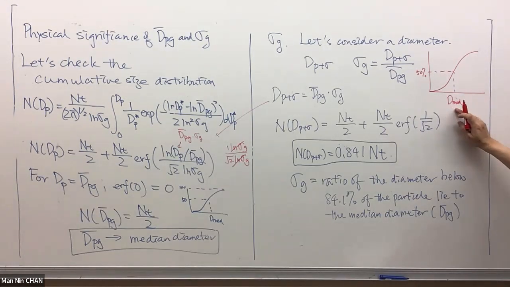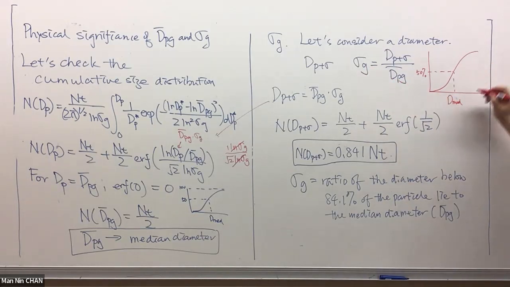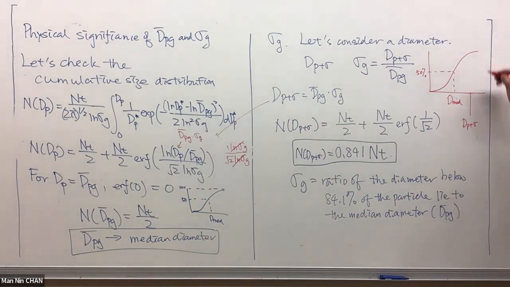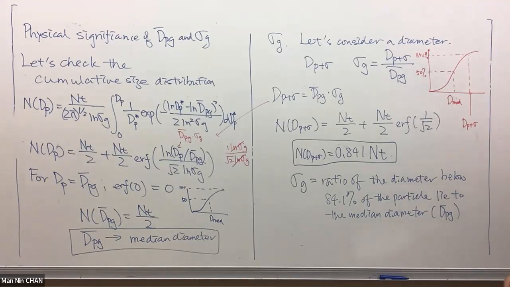So I find the median diameter, and then I multiply by sigma g to get a new diameter. By definition, this is your dp plus sigma. What does that mean? That will give you 84.1%.